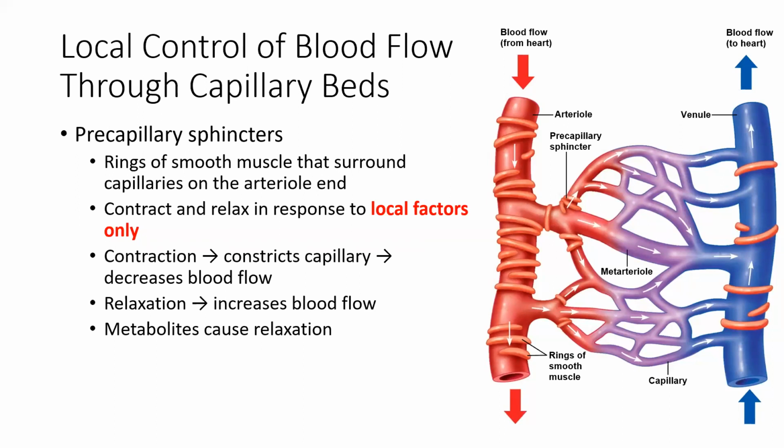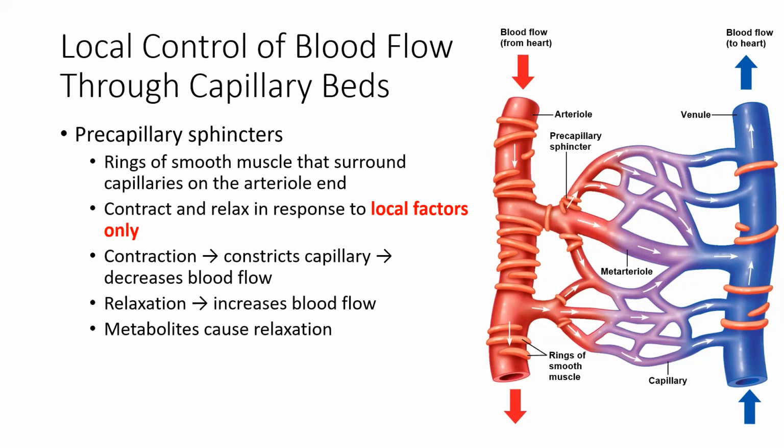Okay, so this is also influenced by the state of the local tissues, whether they need more flow to eliminate excess metabolites that are building up. And just to clarify here, when we talk about metabolites, I'm referring to those local factors that we talked about back in arterioles. So things like acid buildup, potassium buildup, CO2 buildup.